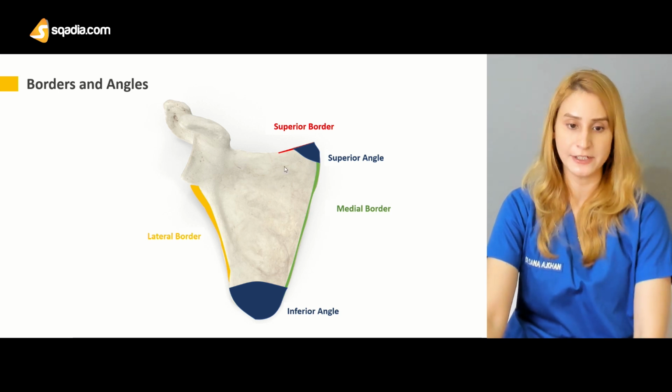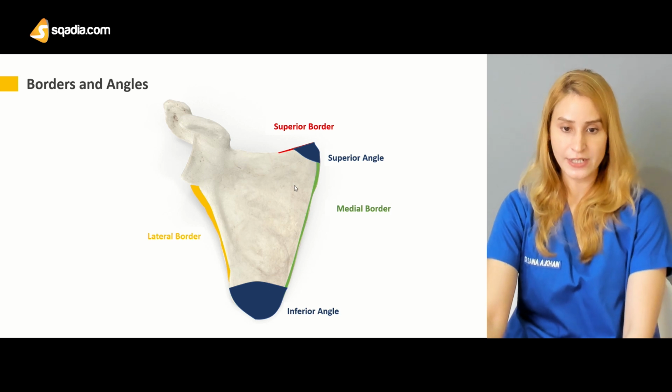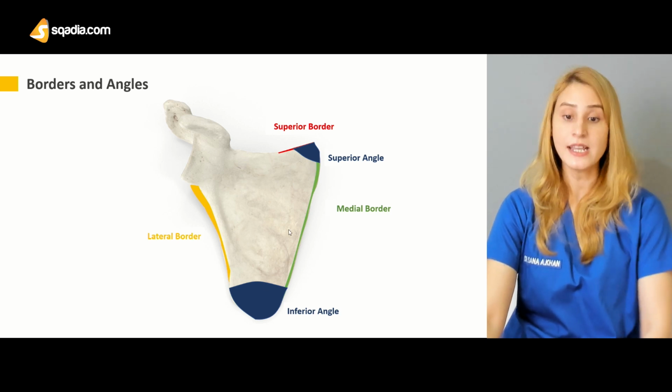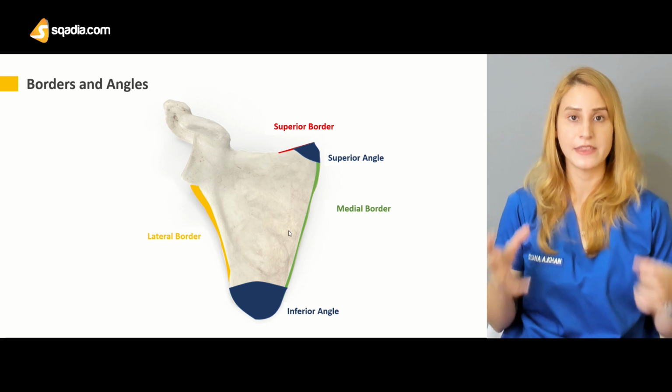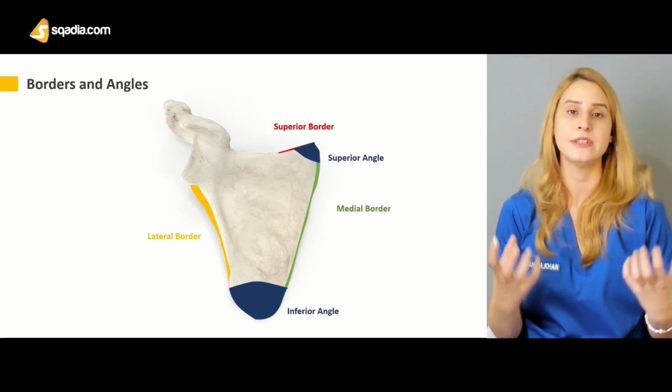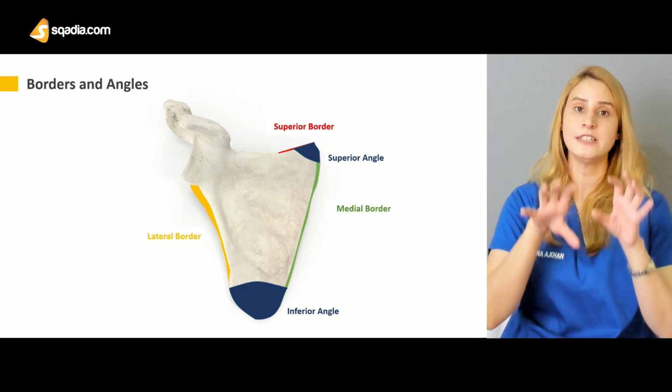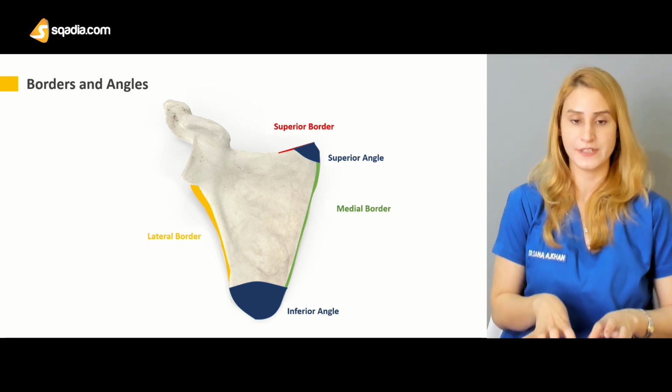Now, if you look here, you can see this depressed triangular portion in the center. The borders and the angles are thicker compared to the centrally flat, depressed portion of the scapula.